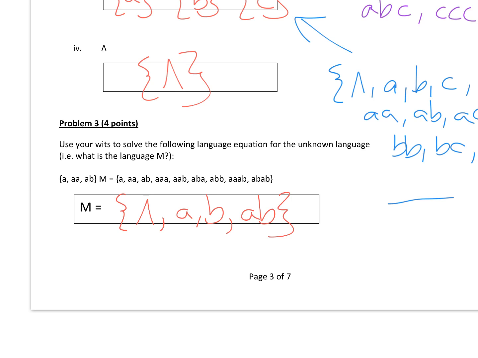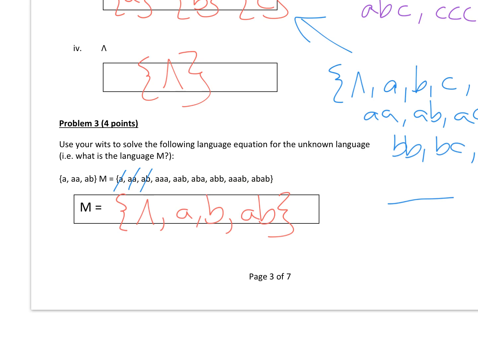Because we can say, okay, let's just go through each of these. If I multiply each of these things by lambda, I just get those things. So A, AA, and AB are in that set. If I choose the element A from here and concatenate everything in here with an A, what do I get?